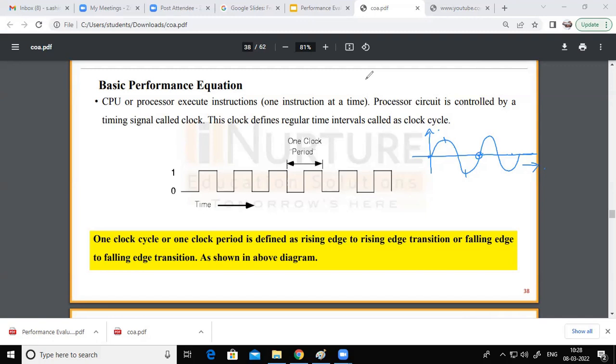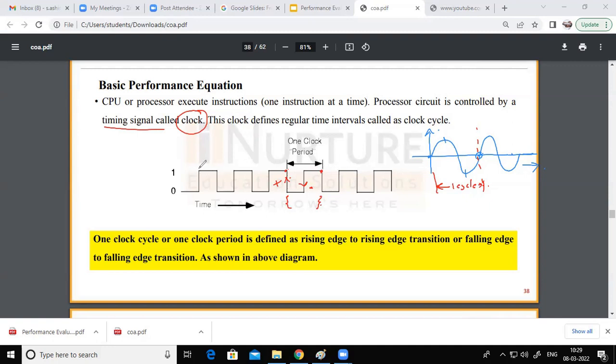Similarly, this timing signal, which is also known as the clock, has a period. When we talk about one clock period, this is my positive edge and this is my negative edge. You can see it started here, and after this the same thing repeats itself.